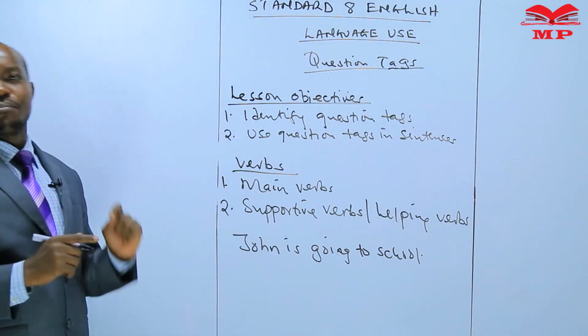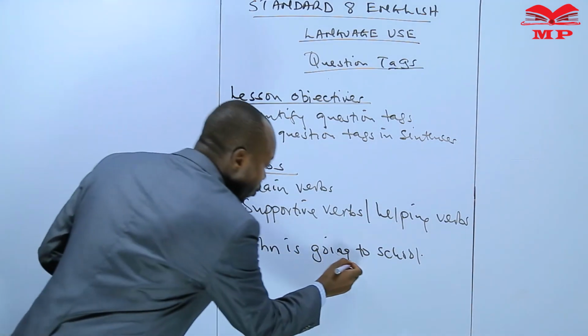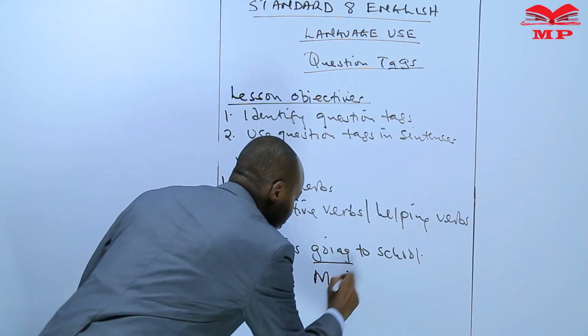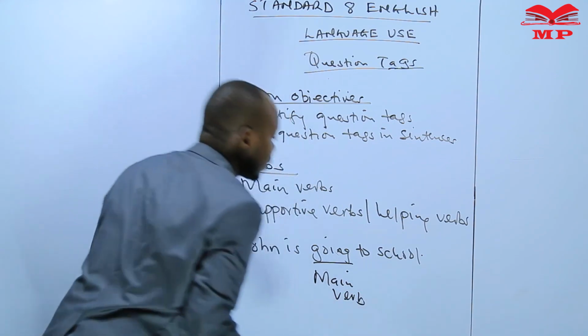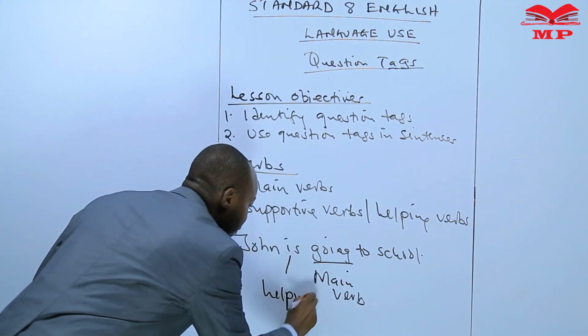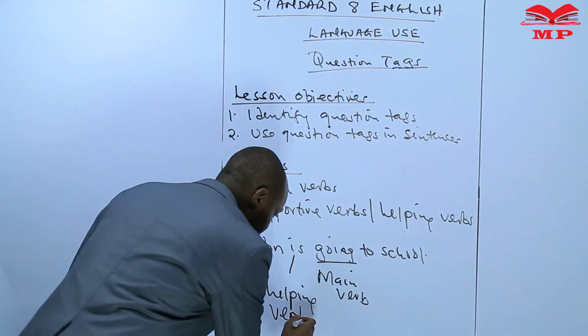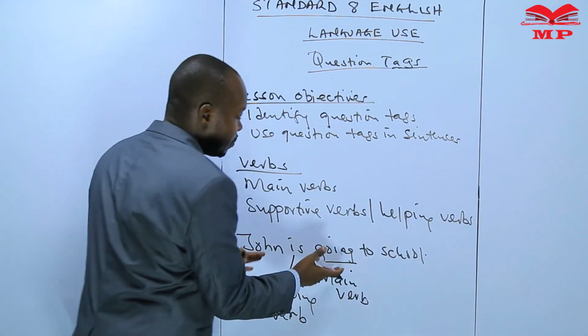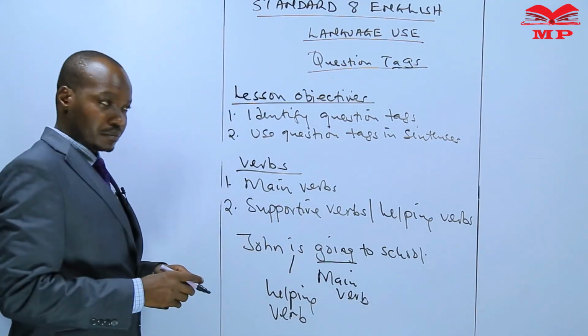So which is the main verb? The main verb is going, right? Main verb. Is a helping verb. Okay, so as I said, you have a main verb and a supporting verb.